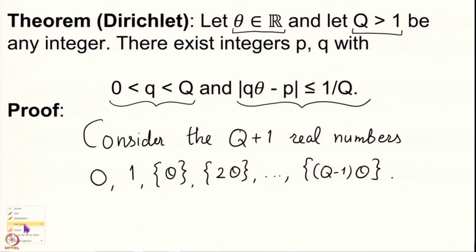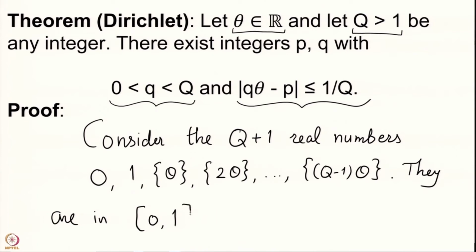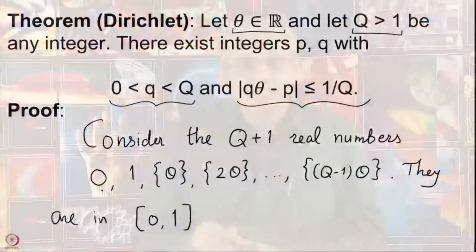Moreover, these numbers are in the set 0, 1, because we have observed that fractional part of any real number is between 0 and 1, it is never equal to 1, but it can be equal to 0. So, it is in closed 0, open 1, and here we have also taken 0 and 1.